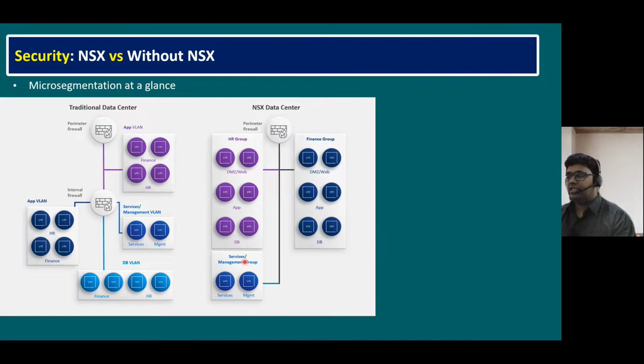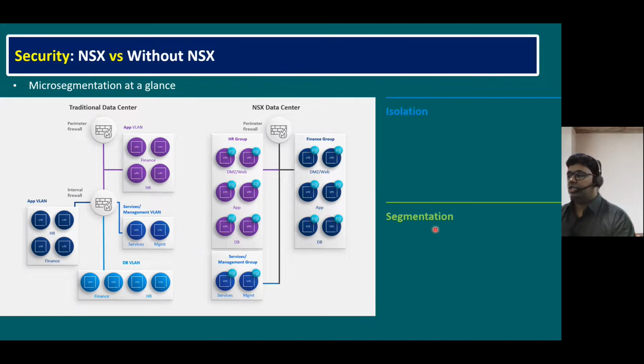And we have a separate services management group. Same as in a traditional data center, we also have this in an NSX data center. But the only difference is that instead of maintaining an internal firewall, when we are using NSX, the security can be implemented in an individual VM level firewall.